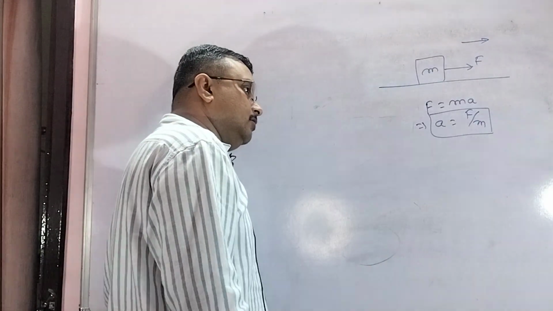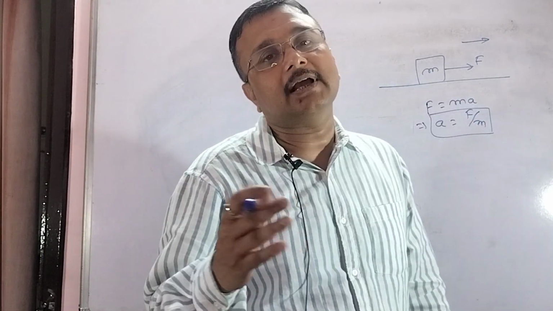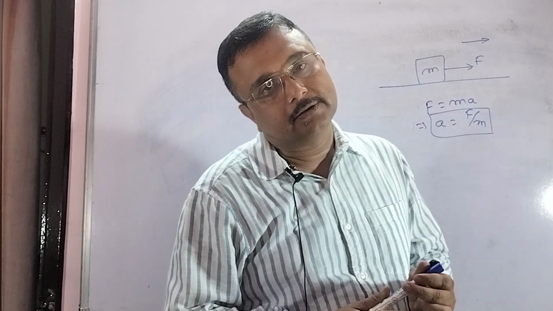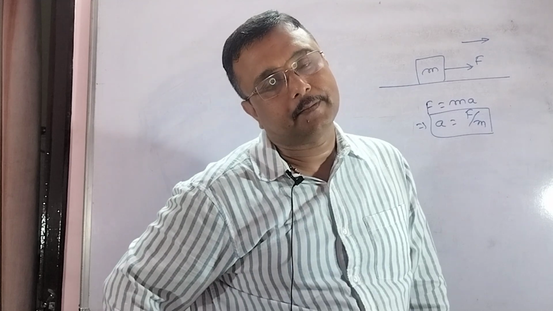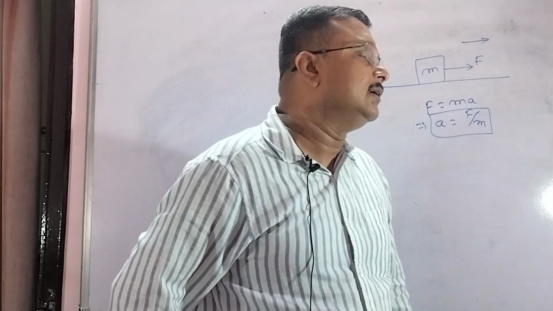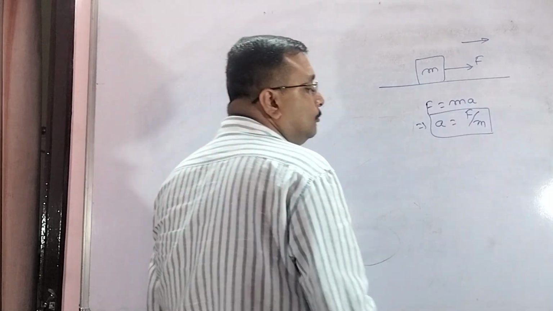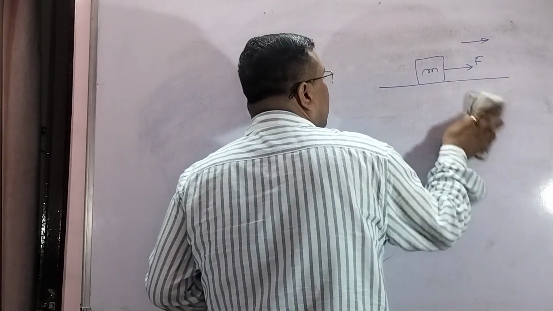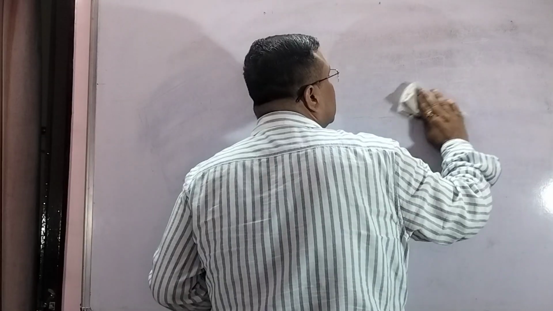But now when the x and y, meaning two coordinates of the particle, will change, in that case we have to write the equation in both x and y directions, and then we shall be solving the problems.